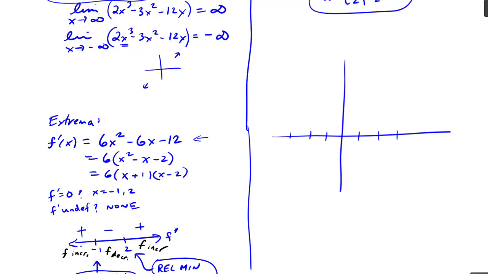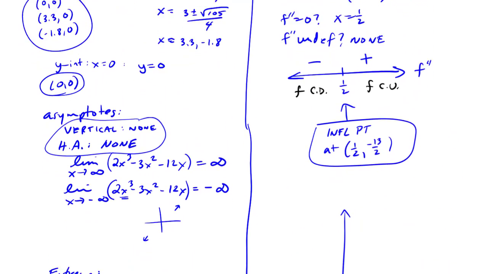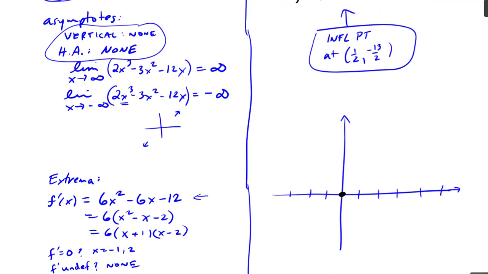So we had (0, 0), about -1.80, and about 3.30 as our intercepts, and the (0, 0) also is a y-intercept.